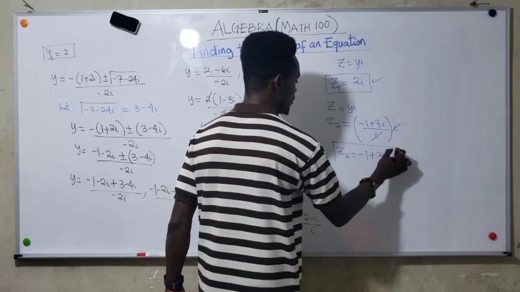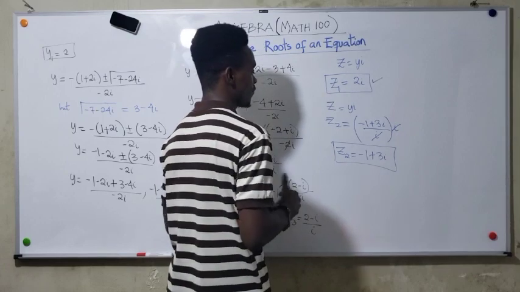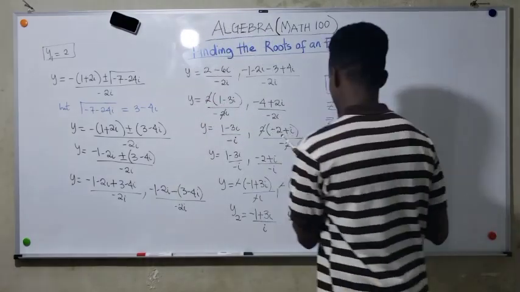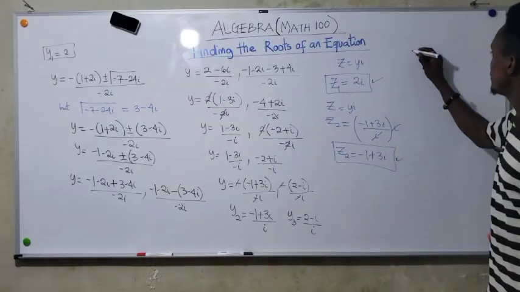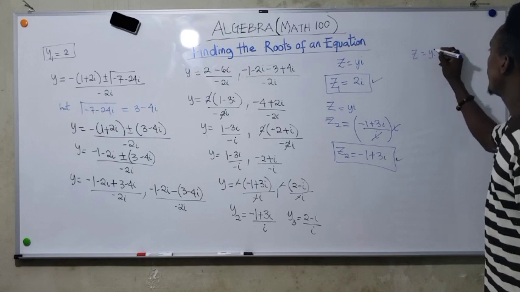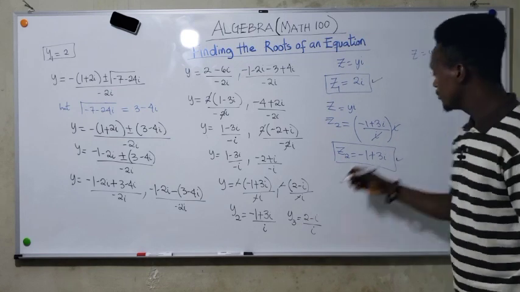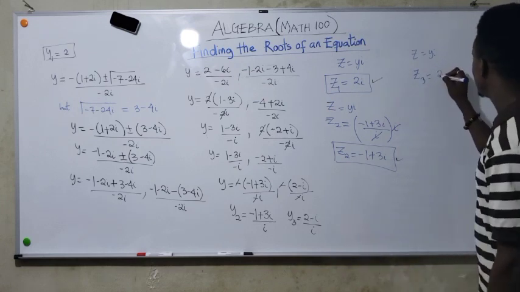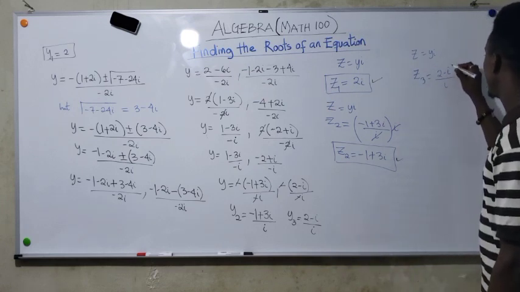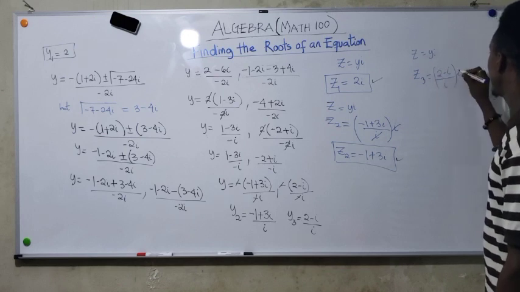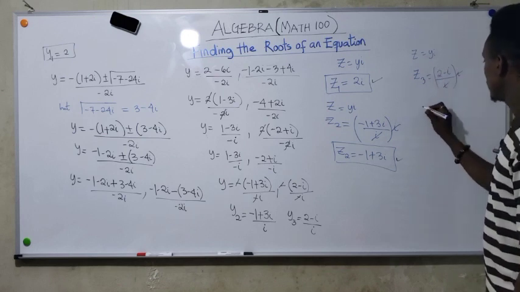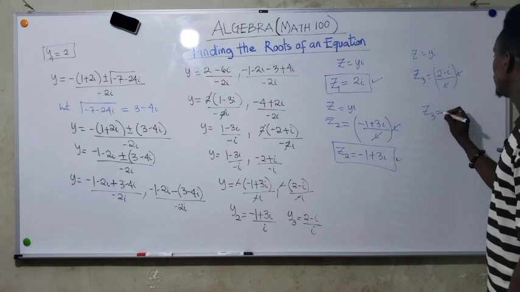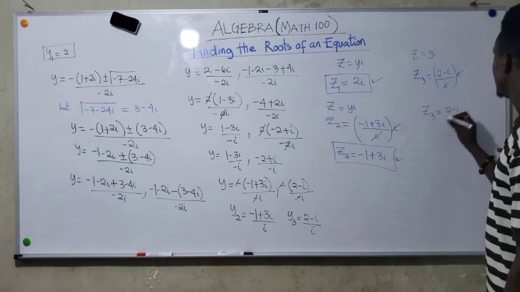So my second root is this. And to find the third root, z is also equal to yi. So z3 is equal to 2 minus i, all divided by i, multiplied by this i. So i will cancel, so z3 is equal to 2 minus i.